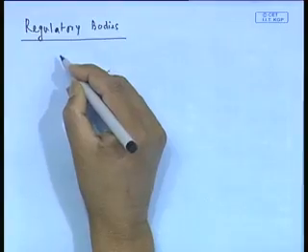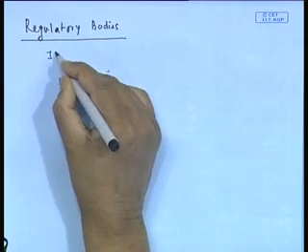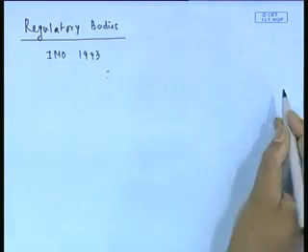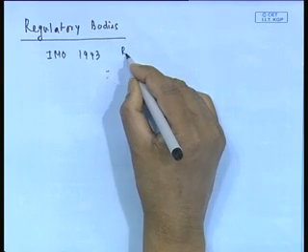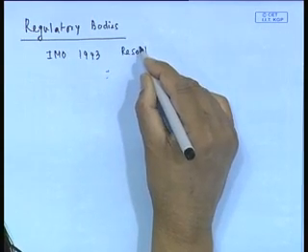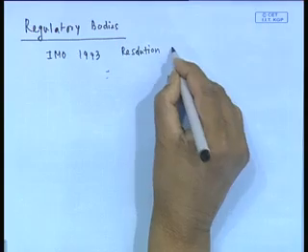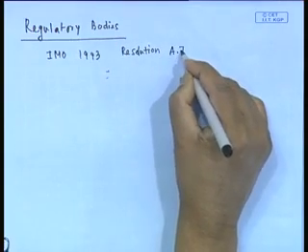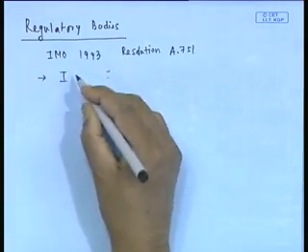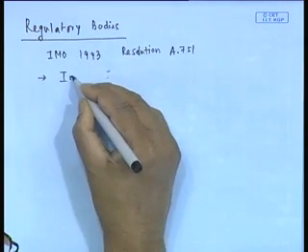Like your stability, where we have got IMO requirements and stability criteria, there are similarly criteria for maneuvering. I can tell you, IMO 1993, I want to just mention the resolution A.751, on what is called interim standards for ship maneuverability.